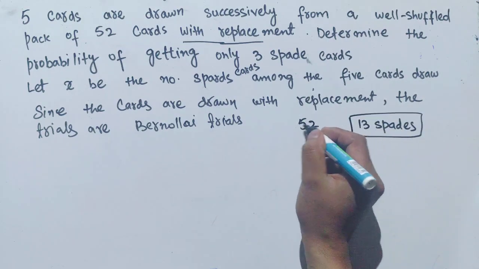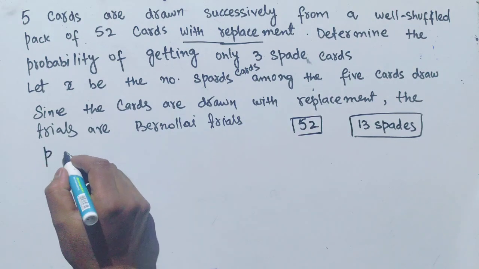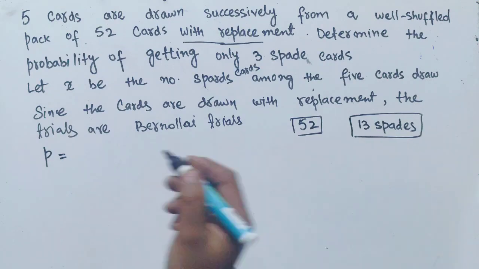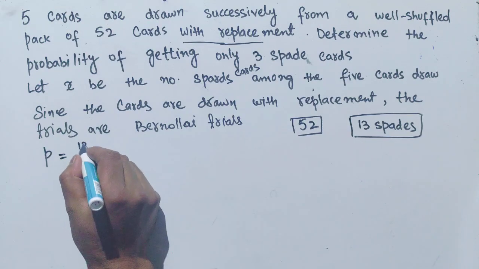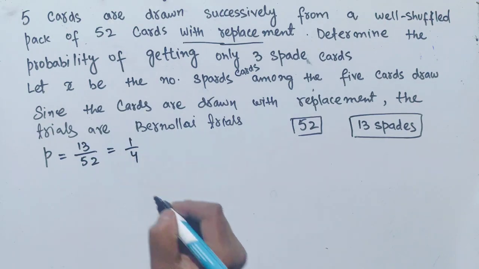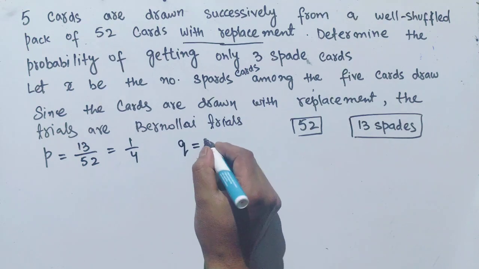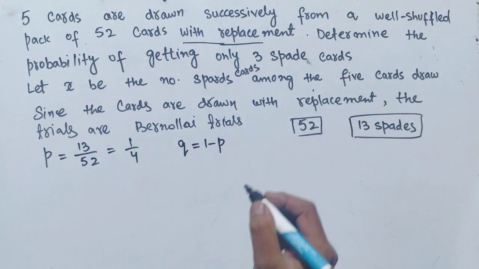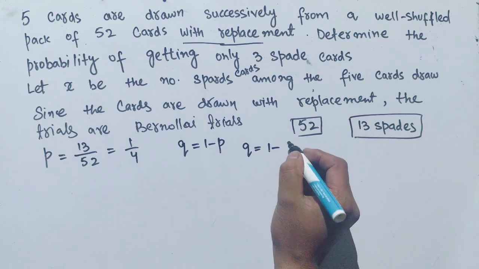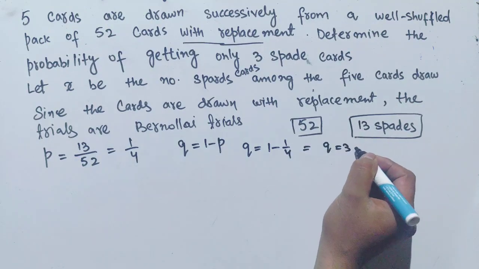Therefore the probability of getting a spade card is the number of spade cards, 13, divided by the total number of cards, 52, which is equal to 1 upon 4. Similarly, the probability of not getting a spade is 1 minus the probability of getting a spade. So q is equal to 1 minus 1 upon 4, so q is equal to 3 upon 4.